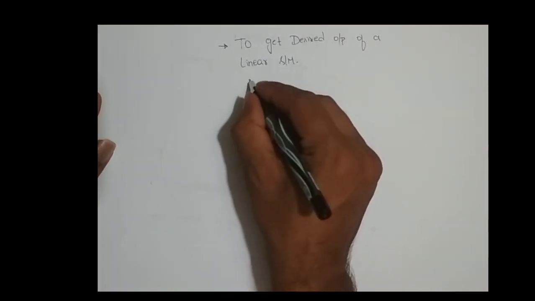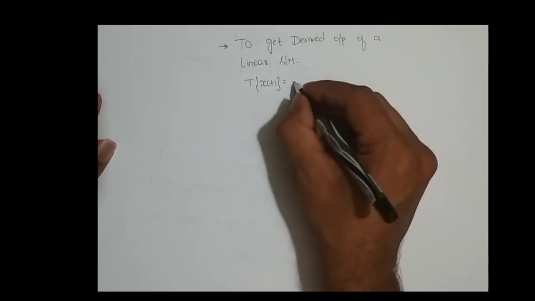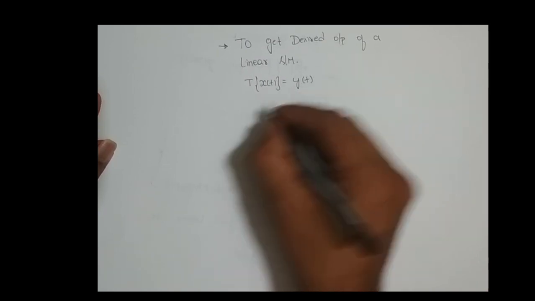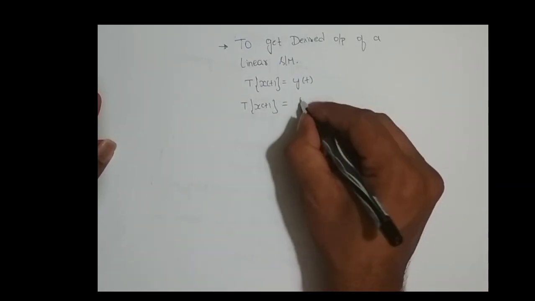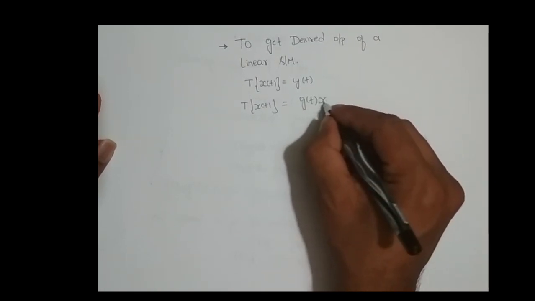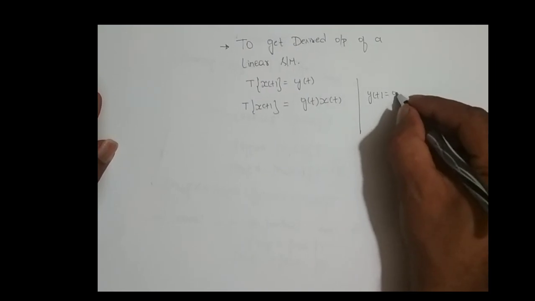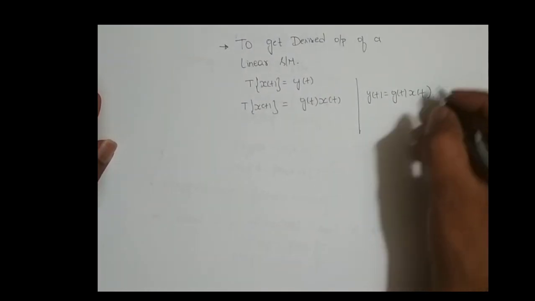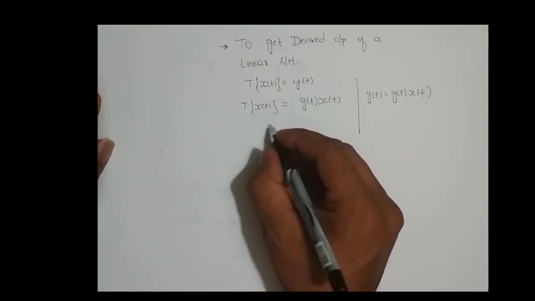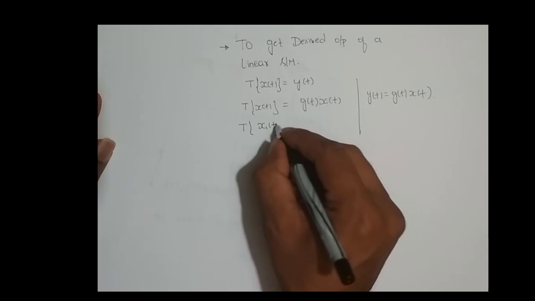As per the system definition, transformation of x of t is equal to y of t, right? And transformation of x of t is equal to g of t into x of t. Why? Because the system is y of t is equal to g of t into x of t. Now if this is the case, what is the transformation of x1 of t?